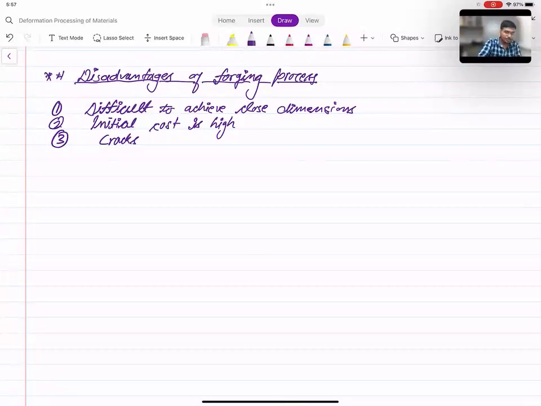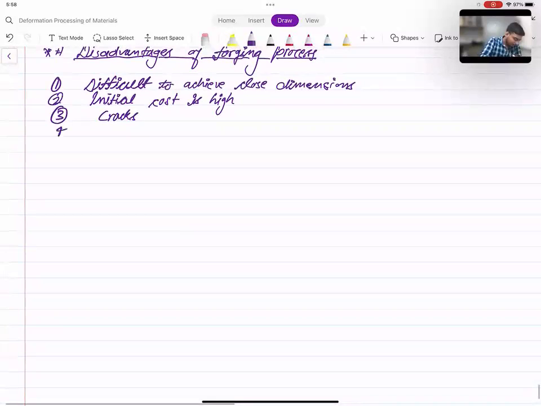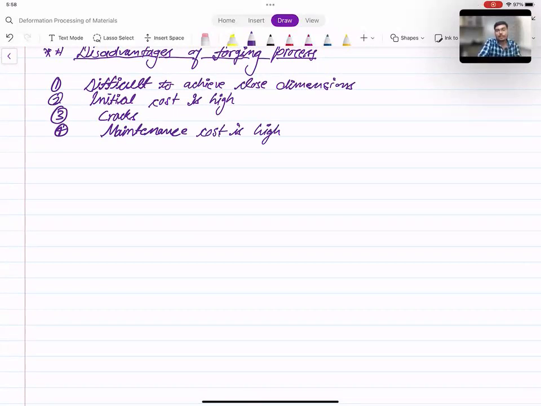Okay, because there are very big hammers, etc., which if they fail, then it would lead to very high cost to repair them. So maintenance cost is high.